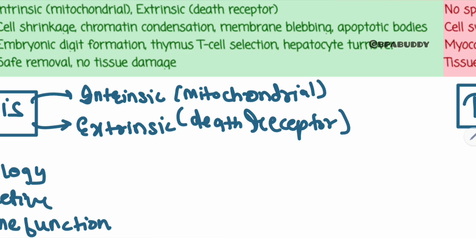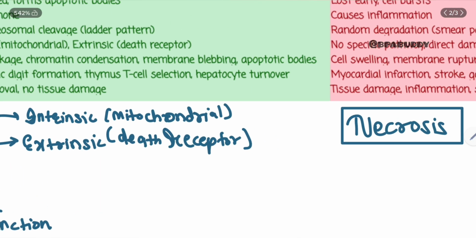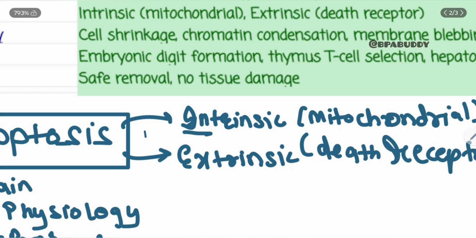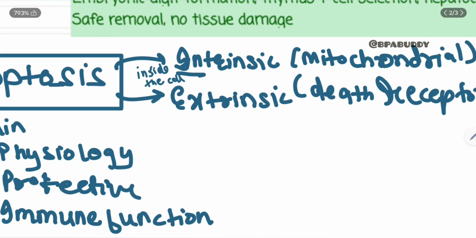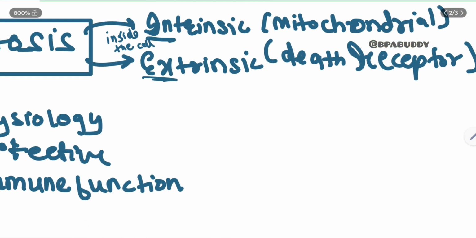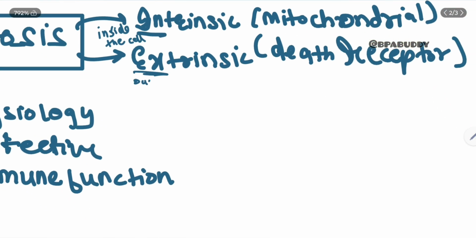The intrinsic pathway is triggered from inside the cell, and the extrinsic is triggered from outside the cell.